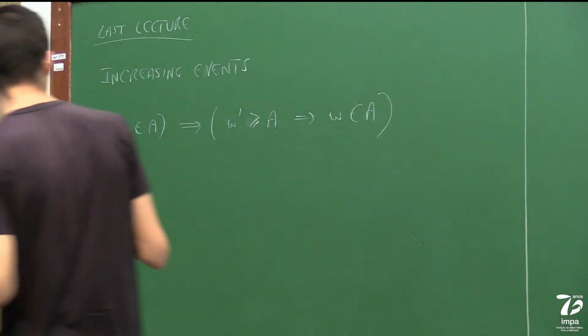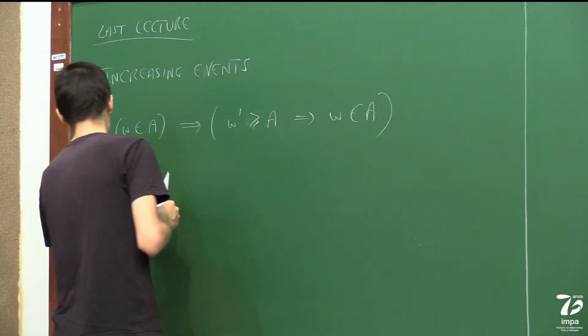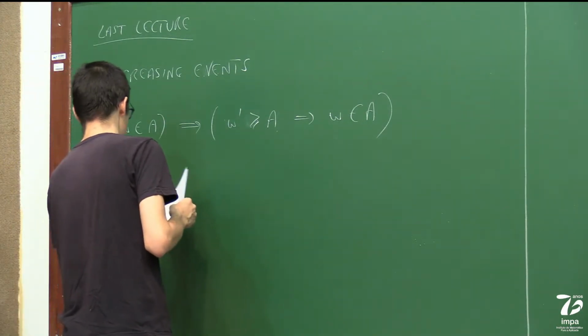And what we saw is that increasing events are positively correlated. So this was the FKG inequality, the FKG-Harris inequality.